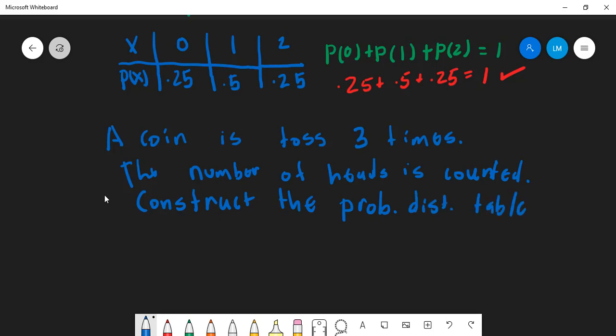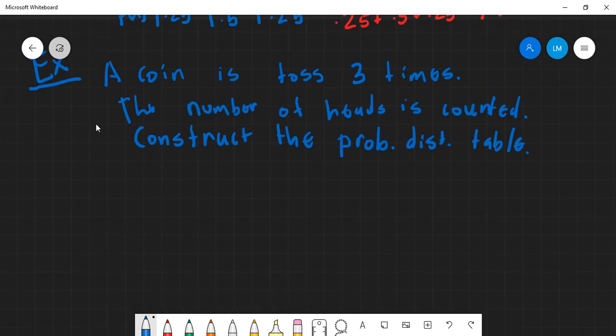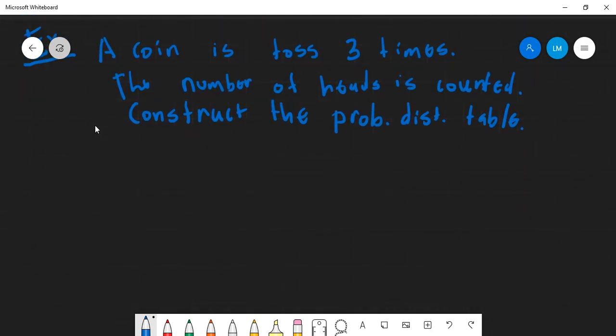Okay, so let's say that we want to find the table as it applies to a probability distribution that's binomial. Well, it doesn't necessarily have to be binomial, because you can still construct the table using counting techniques, but for simplicity we'll just stick to binomials for this example.